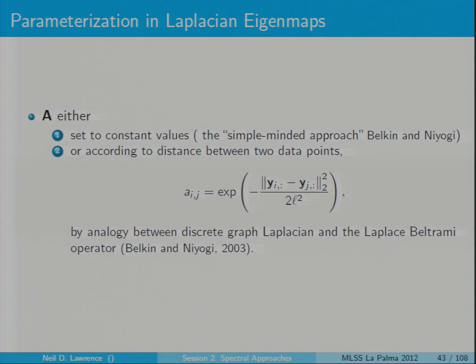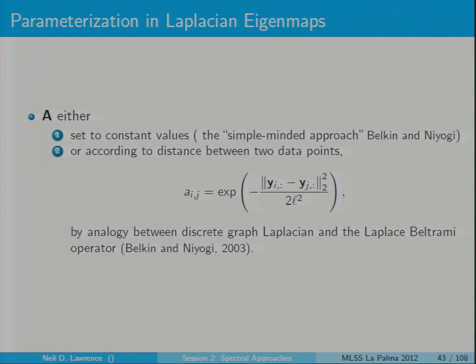Now, they parameterize A either by just setting it to constant values, which they call the simple-minded approach, or according to the distance between two data points. So this is the adjacency element here that they will sometimes set. And this function appears everywhere. There's no specific reason why it should be related in this case to the RBF I've been talking about before.